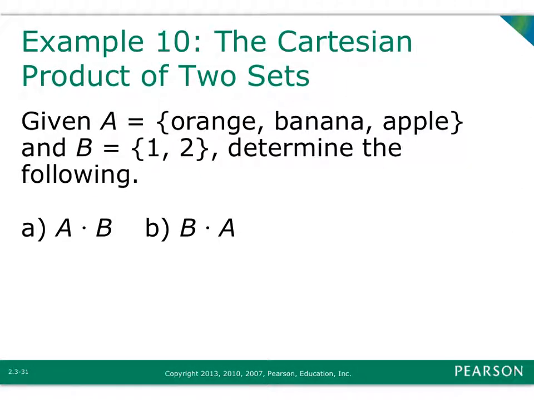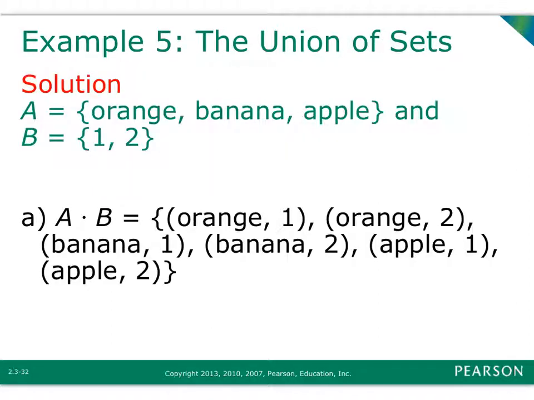So for example, we have A is equal to orange, banana, and apple, and B is 1 and 2. Determine the following: A cross B and B cross A. So for A cross B, we have orange 1, orange 2, banana 1, banana 2, apple 1, apple 2.